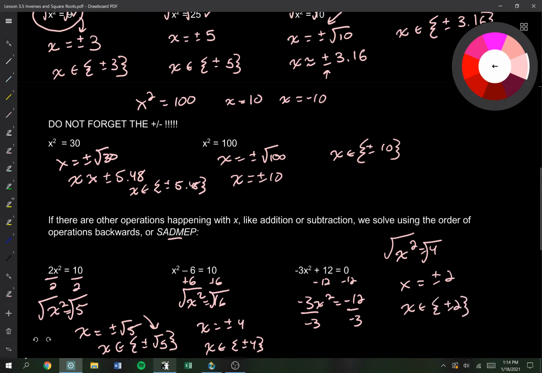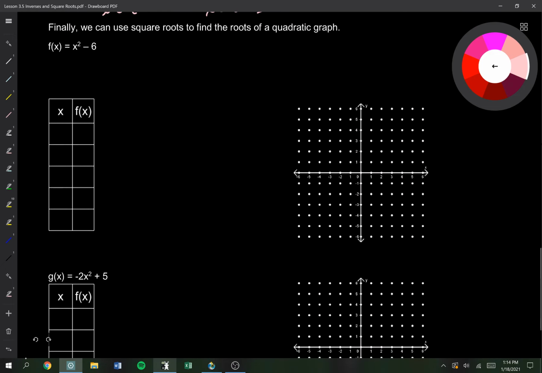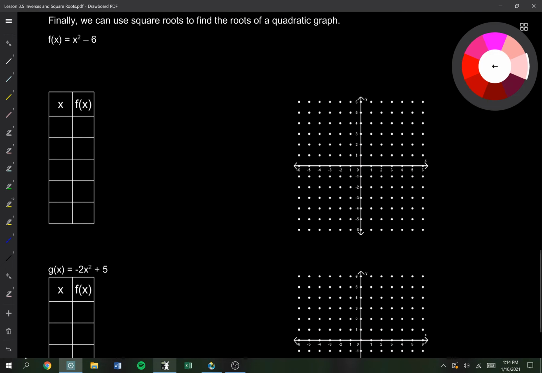It's beautiful. Okay. Finally, we're going to use square roots to find the roots of quadratics, find the roots of these parabolas. So I'm going to graph this parabola right here. I'm going to do this fairly quickly, okay? So I plug in 0, I get out -6, that's the y-intercept. My next points are going to be here, and my next points are going to be here. I can keep going.